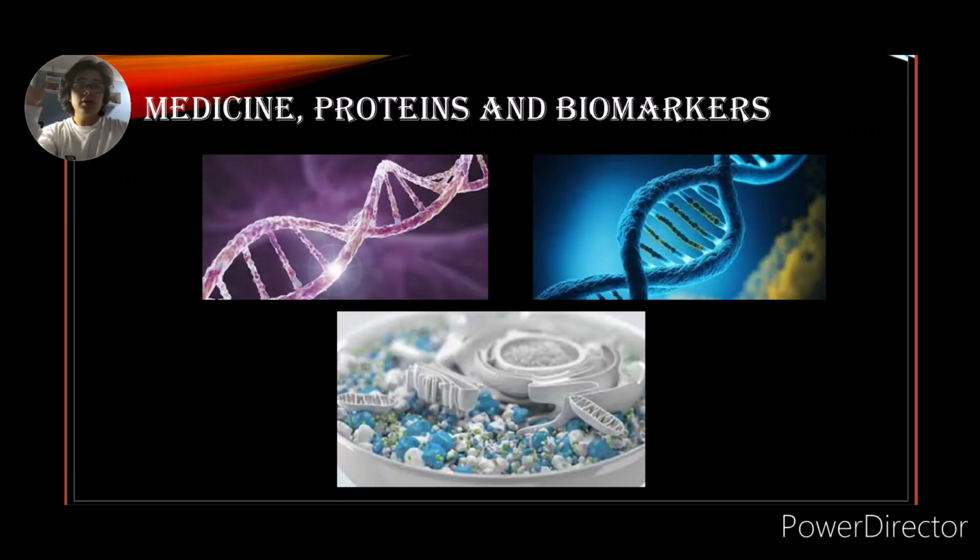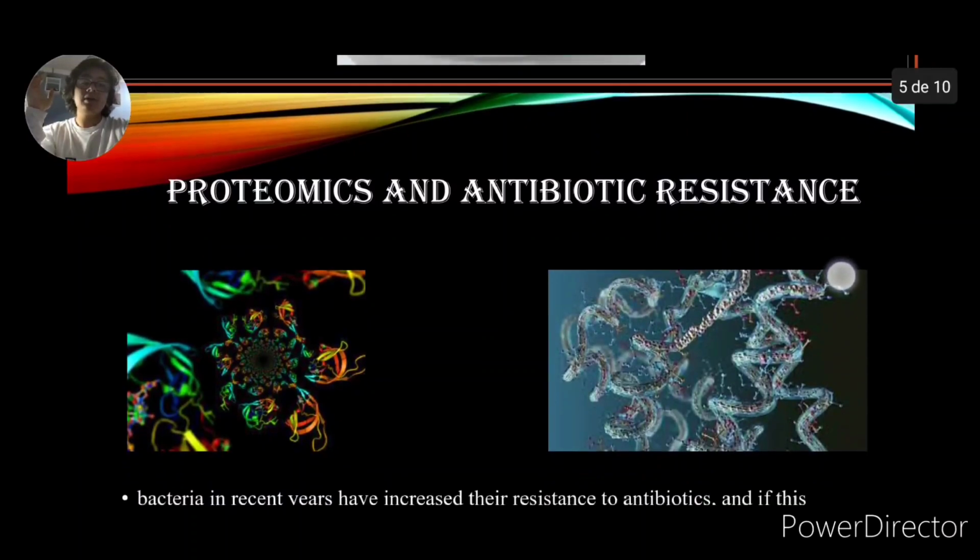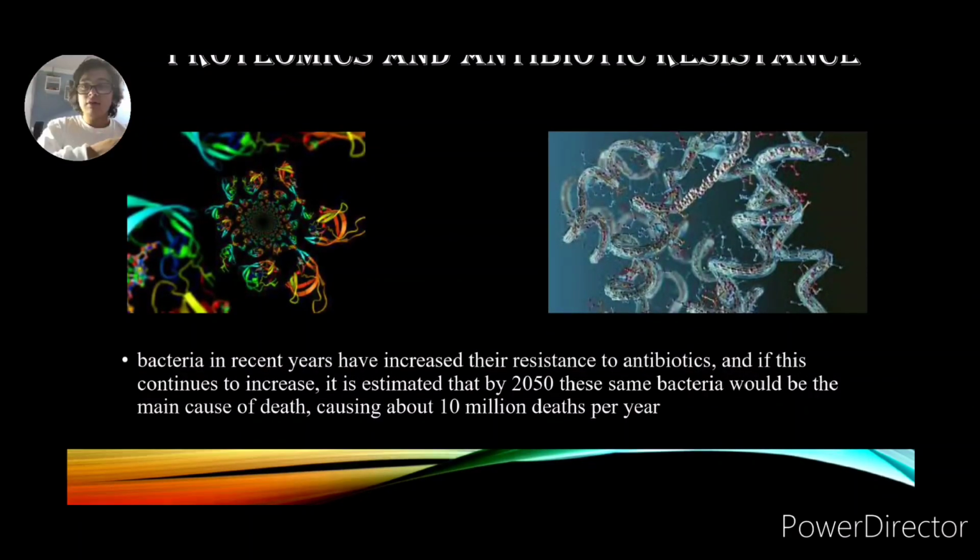Now I will speak about proteins and antibiotic resistance. So the bacteria in recent years have increased their resistance to medicines and antibiotics, and if the bacteria continue to increase their resistance, it is estimated that by 2050 these same bacteria will be the main cause of death, causing about 10 million deaths per year.